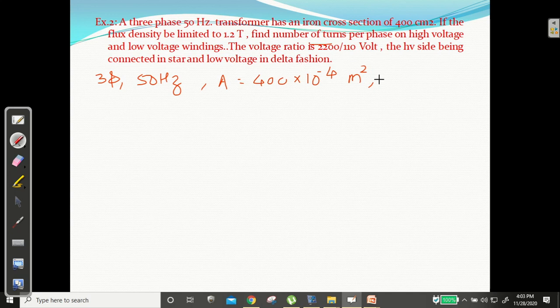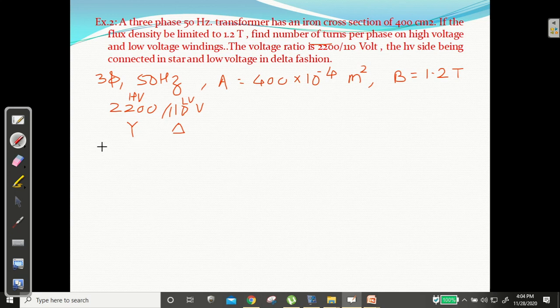If the flux density is limited to 1.2 Tesla, find the number of turns per phase on the high voltage side and low voltage side. The voltage ratio is 2200/110 volt, the high voltage connected in star and the low voltage in delta.